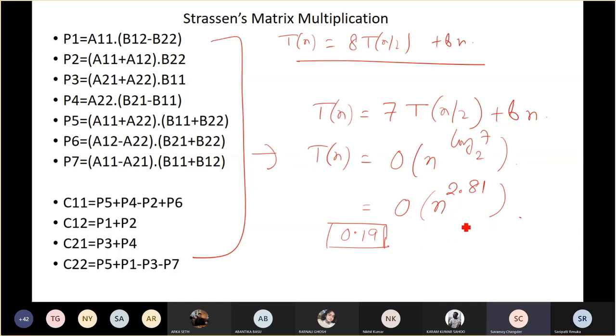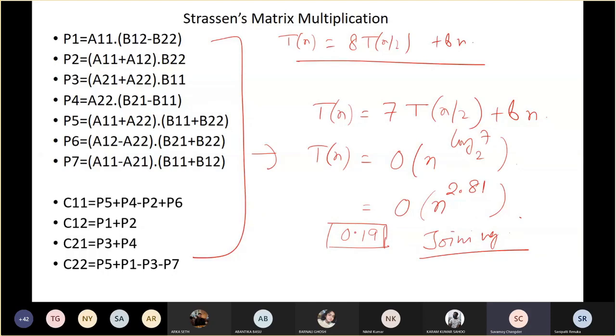In DBMS, this is known as joining. I think you have studied different kinds of joins in DBMS: natural join, theta join, outer join, and so many things.